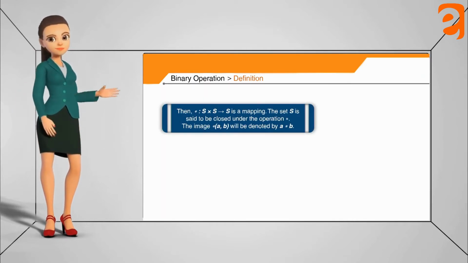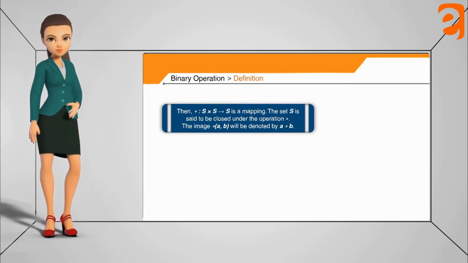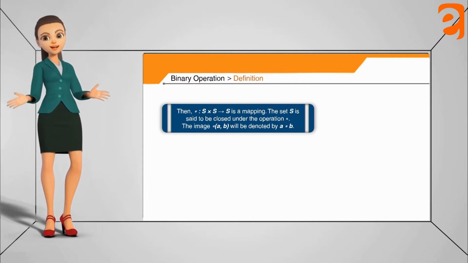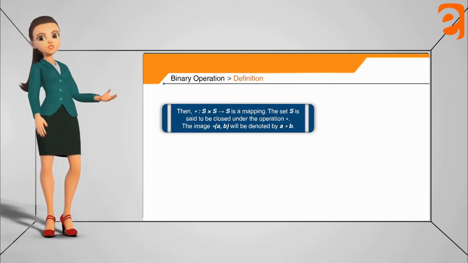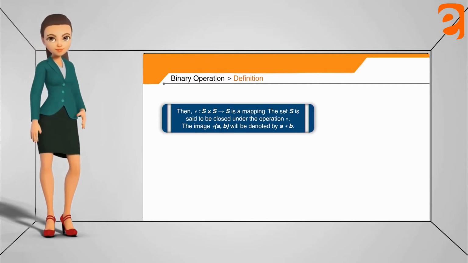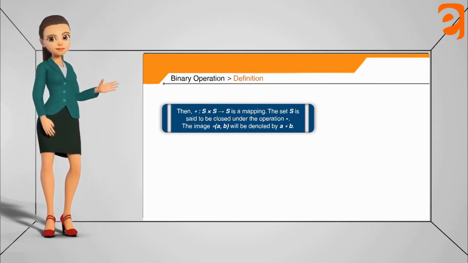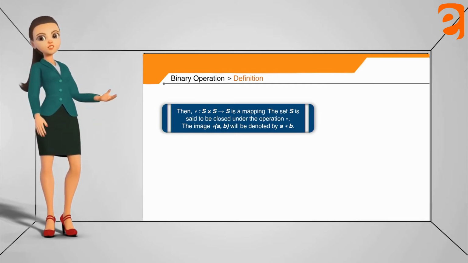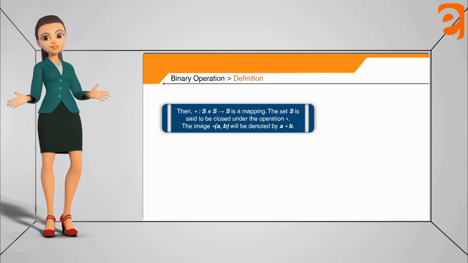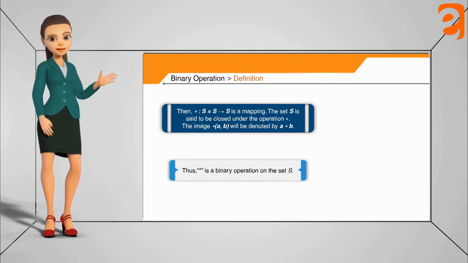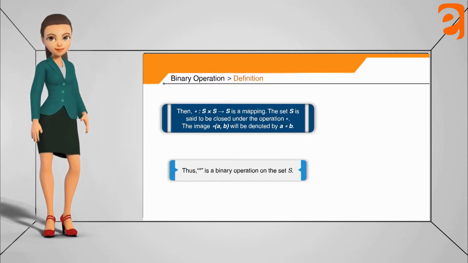The star is a mapping from S cross S to S. Then the set is closed with respect to the binary operation, meaning that star acting on the two elements a, b is denoted as a star b, and this a star b should also be an element of S and it should be unique. If this is satisfied, then we say that star, the mapping, is a binary operation on the set S.